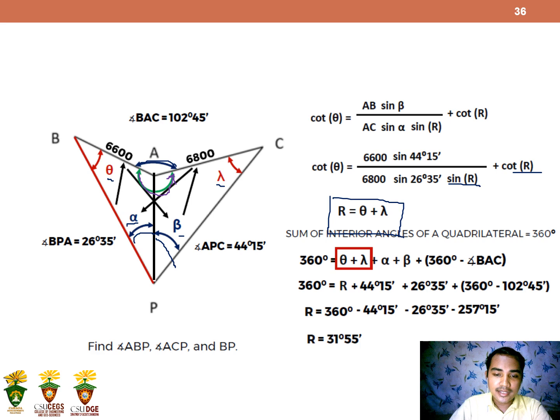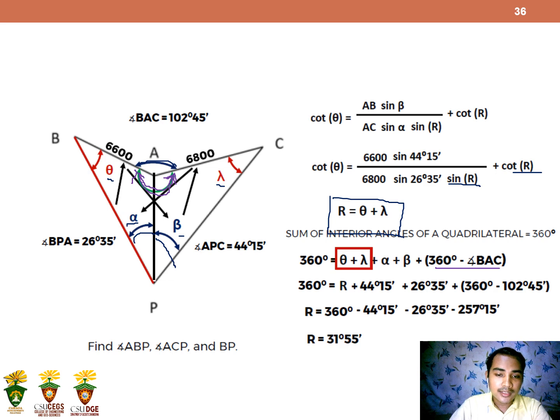To get this green angle, the violet part, it is just 360 degrees minus angle BAC. Given that BAC is 102.